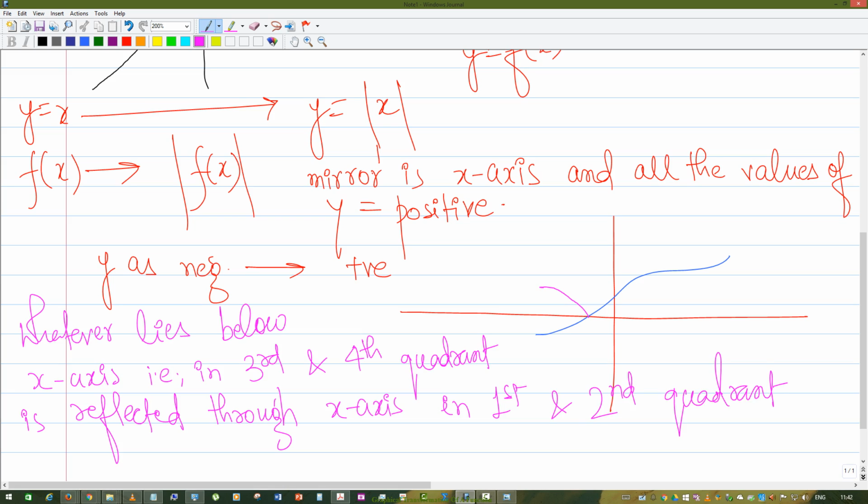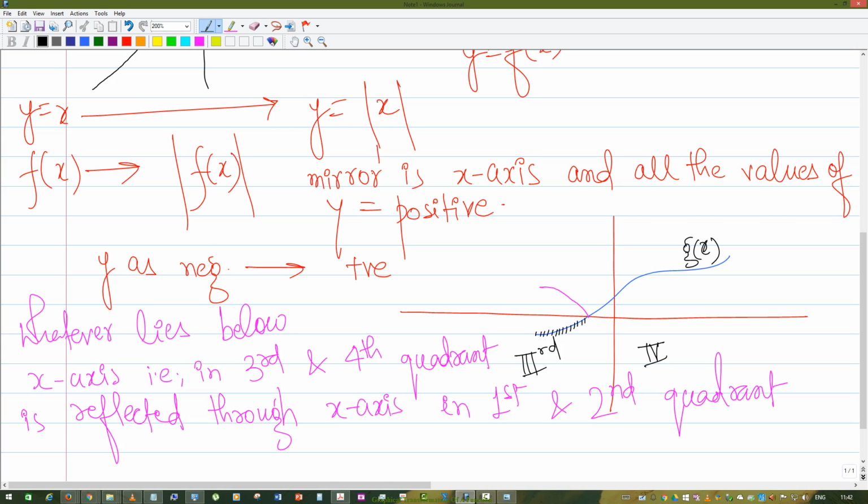This is the third quadrant, this is the fourth quadrant. There is nothing in the fourth quadrant. There was some part of this function, let us suppose this function was g(x), below the x-axis, in the third quadrant.